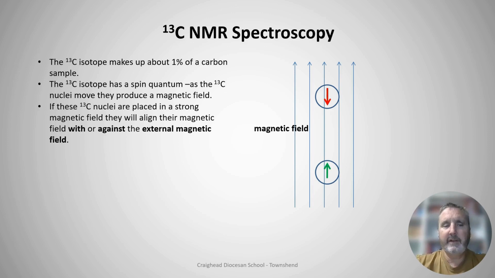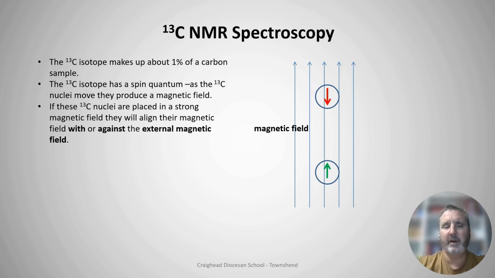Now, if we take these nuclei that produce their own magnetic field and we place them in an external magnetic field, they're going to do one of two things. As the magnetic field spins, they're either going to align themselves with the magnetic field, so they're spinning with the magnetic field, or they're going to align themselves perfectly against the magnetic field.